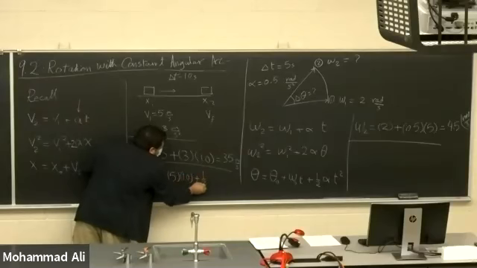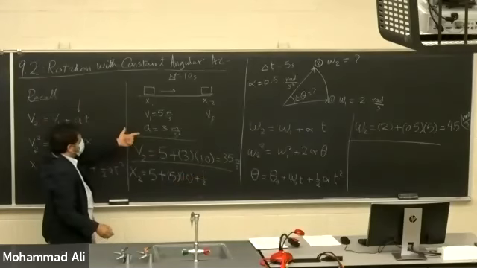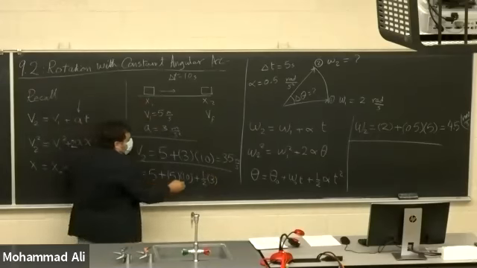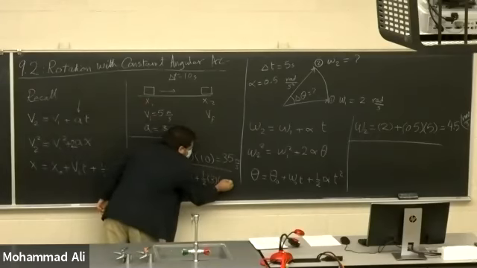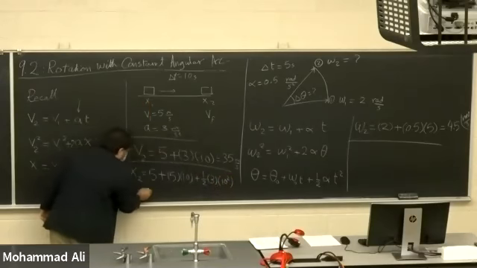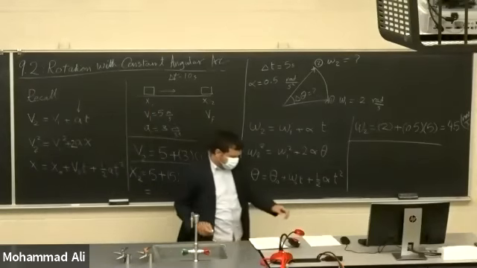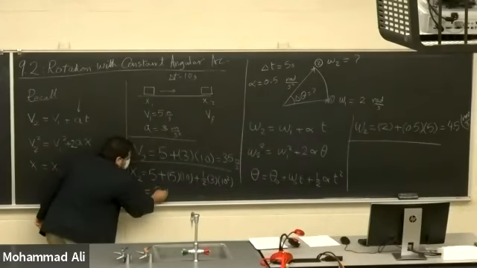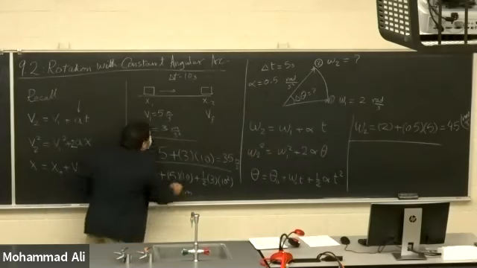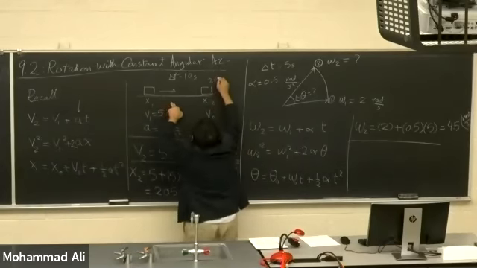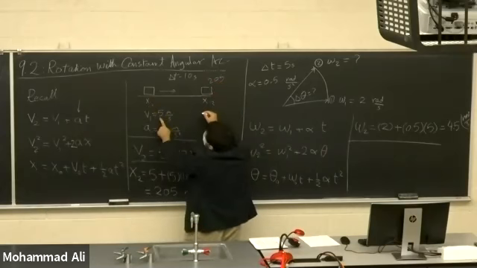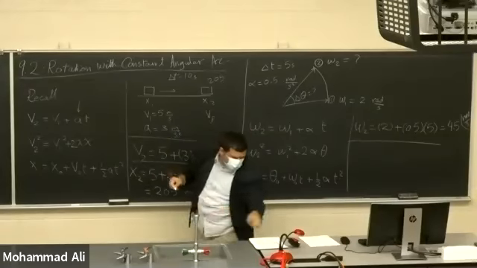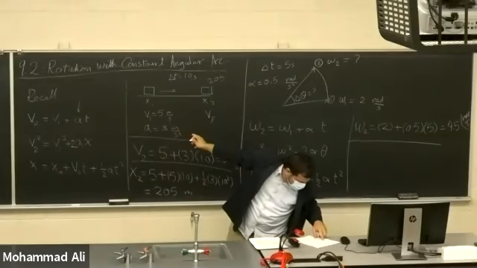Plus half multiplied by the acceleration, which is 3, multiplied by T squared, which is 100. This will be equal to x2 of 205 meters. So x2 is 205, x1 is 5. X1, how much? Yes, x1 is given in the example. I think I didn't write it here.